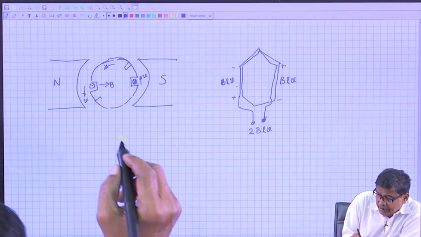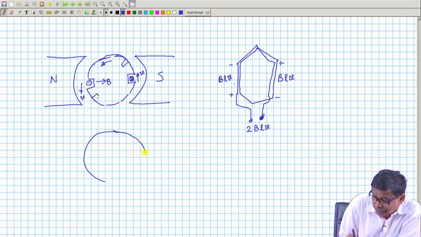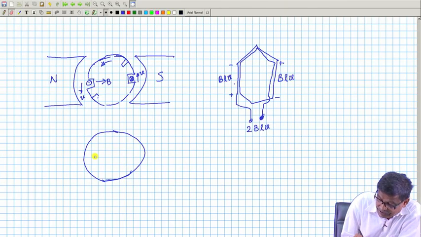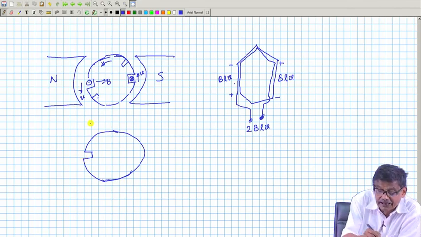For example, if somebody says he has made a coil and he has put it like this. There was a slot available here and there was a slot also available there.